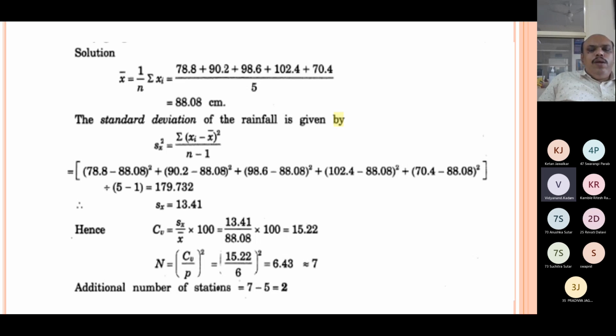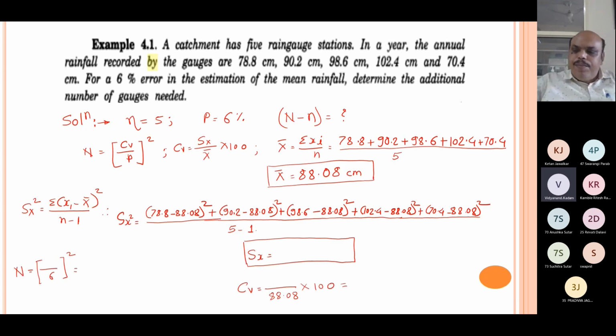Now see, this is the solution. You have calculated x bar, it is 88.08. From that we have to calculate Sx. So if you see, the answer for Sx is 13.41. And then Cv is equal to Sx upon x bar into 100.